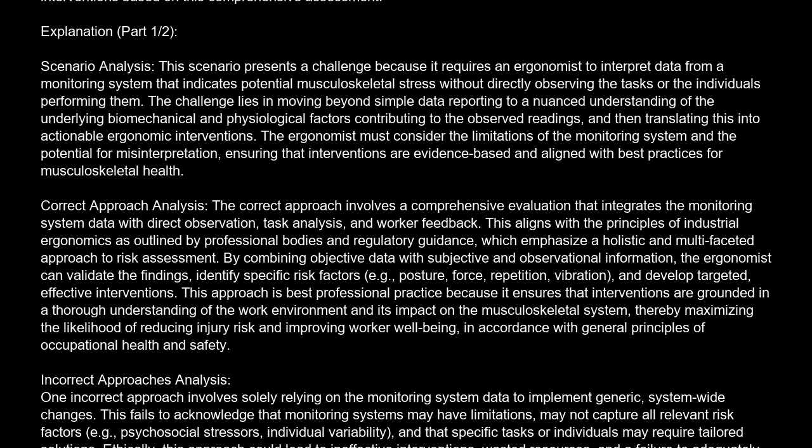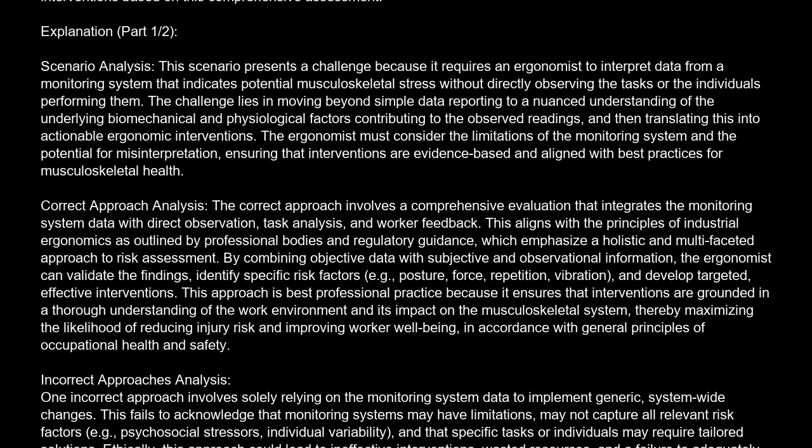By combining objective data with subjective and observational information, the ergonomist can validate the findings, identify specific risk factors, e.g., posture, force, repetition, vibration, and develop targeted, effective interventions. This approach is best professional practice because it ensures that interventions are grounded in a thorough understanding of the work environment and its impact on the musculoskeletal system, thereby maximizing the likelihood of reducing injury risk and improving worker well-being, in accordance with general principles of occupational health and safety.